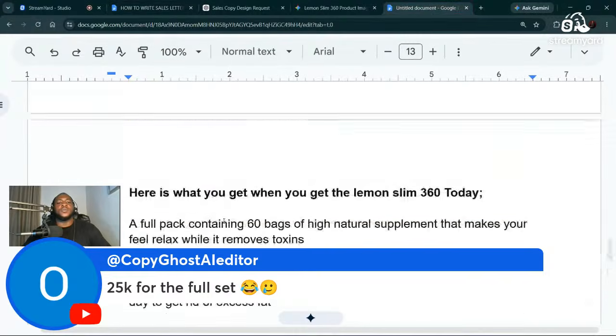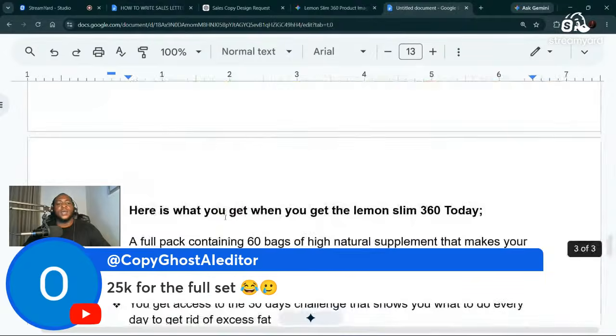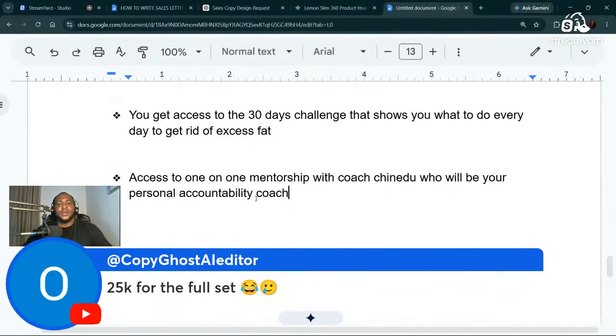Now, what I'm going to do right now is give you a guide. No, you guys should use yours. So the next one is price anchoring. After that, we have testimony.